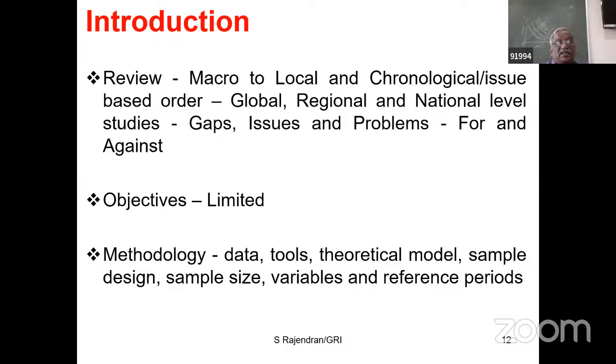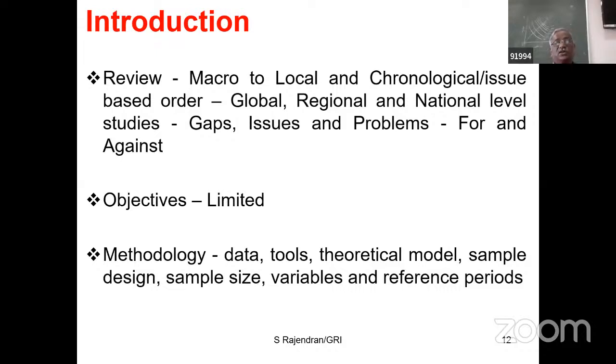Then, as I said, methodology is like the spinal cord of the human body, and it is very important because it explains what kind of data you are using, what kind of data set you have identified, and what difficulties you underwent.